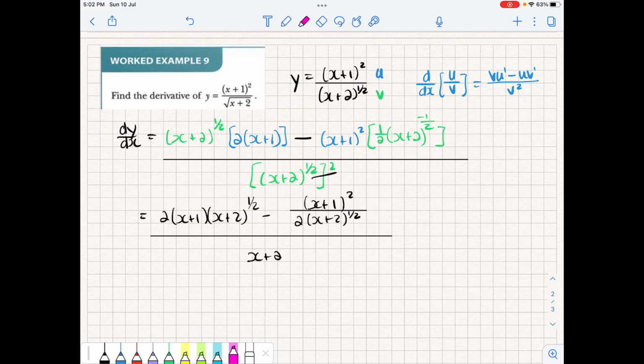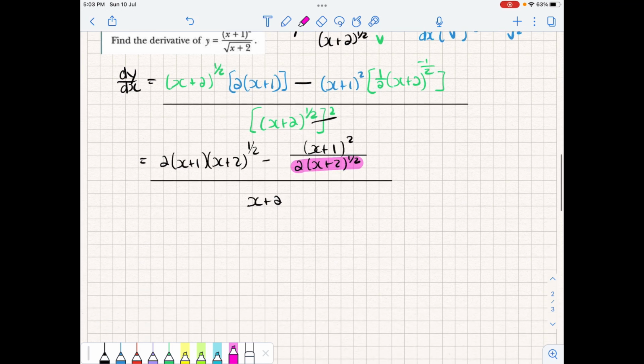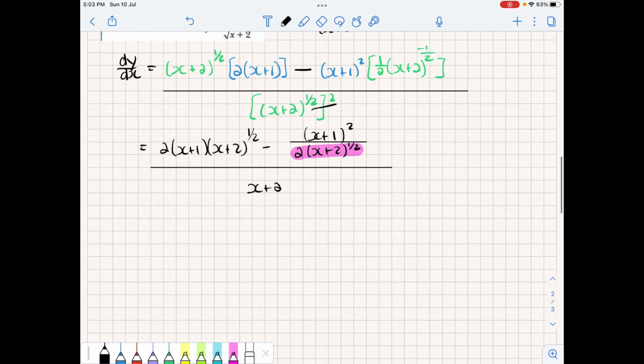Now here we want to add these two terms at the top together, so I need a common denominator. Here is the denominator that I need to put both terms under, so I need to multiply the other term by that in order to get that result.